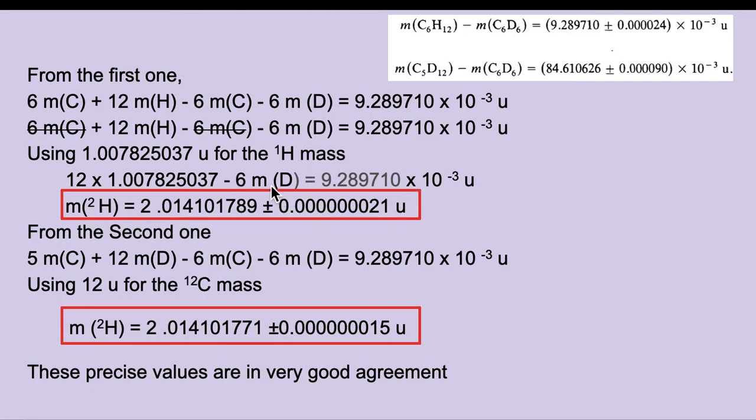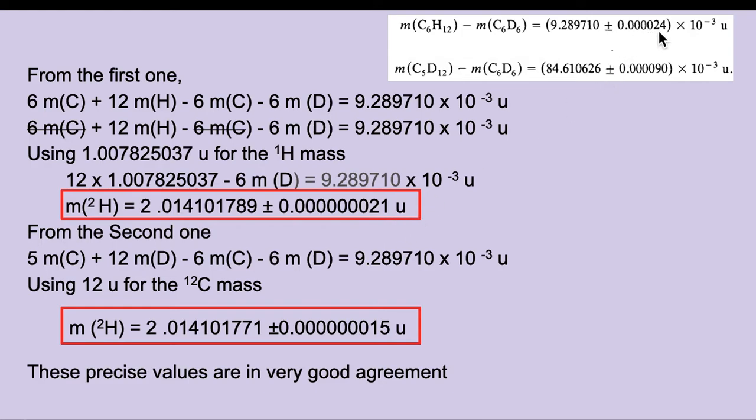Or from this, the mass of D or mass of 2H, taking this to this side, it will be nearly 12 by 6, and you are nearly getting 2.014 something. And this uncertainty plus or minus, for getting this you have to use the techniques in error analysis, and we are not going into the details of finding this one.